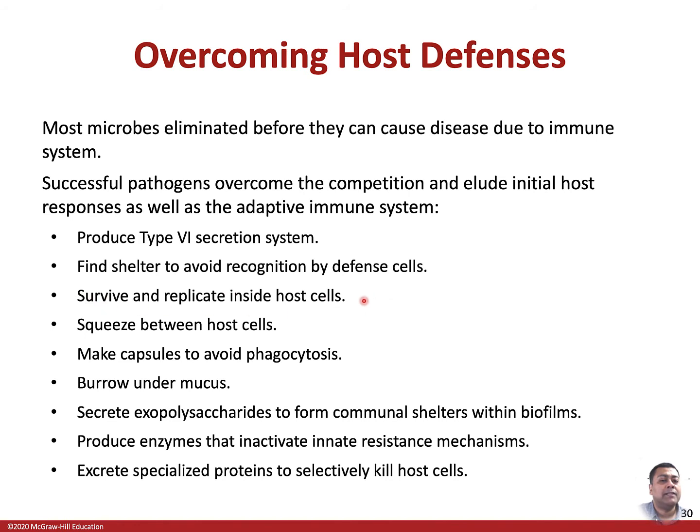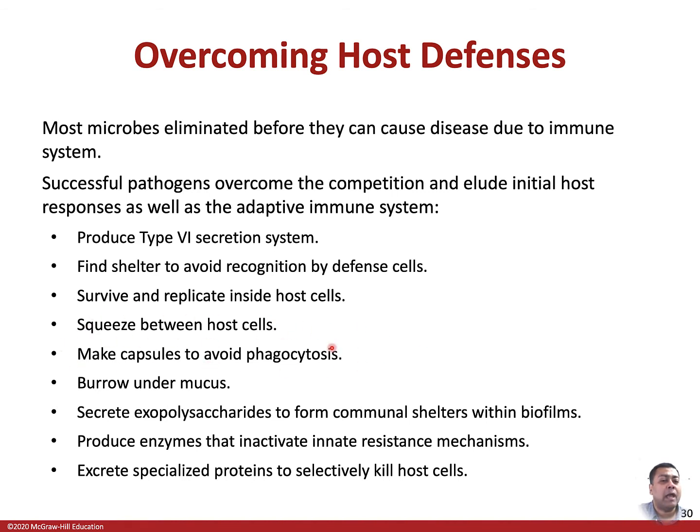We talked about the example of Rickettsia and Listeria monocytogenes. They do not come out of the host cells. As they live inside the host cells all the time, they are invisible to the immune systems outside the host cells. Also, they squeeze between the host cells. That's also a safe haven where they cannot be reached by the antibodies or the immune system cells.